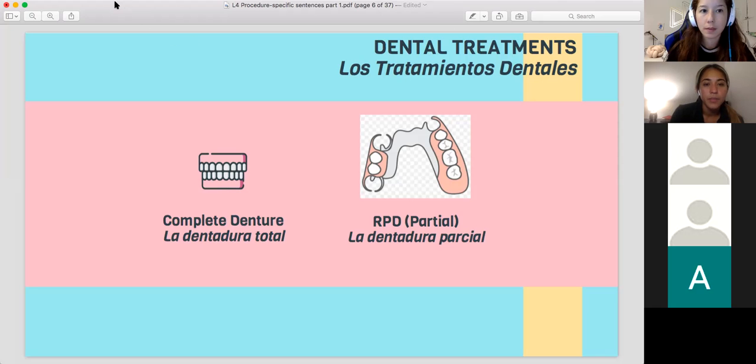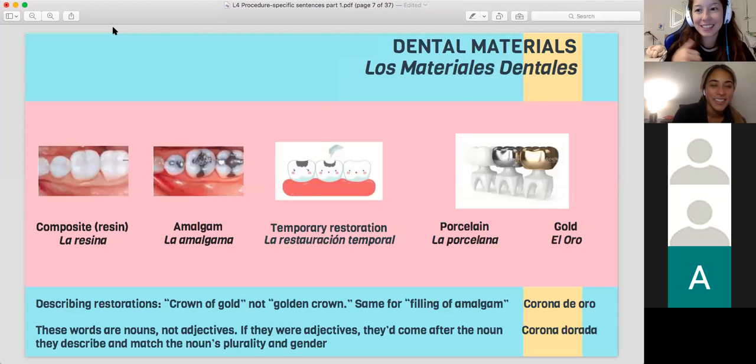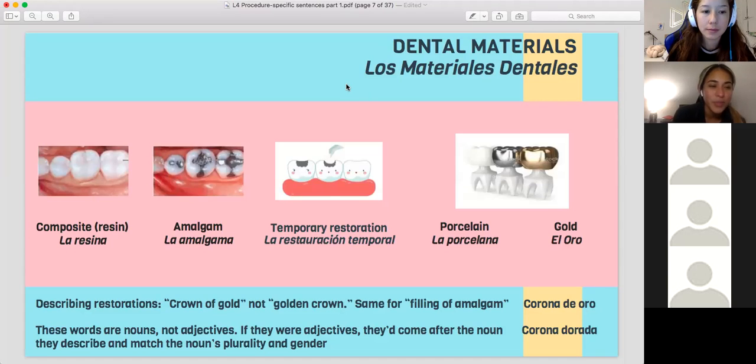We have dental materials. One second, it's giving me trouble with scroll. Okay, there we go. So we have some dental materials, los materiales dentales. The first one we got is composite or resin. You say la resina. Amalgam, la amalgama. Temporary restoration, la restauración temporal.